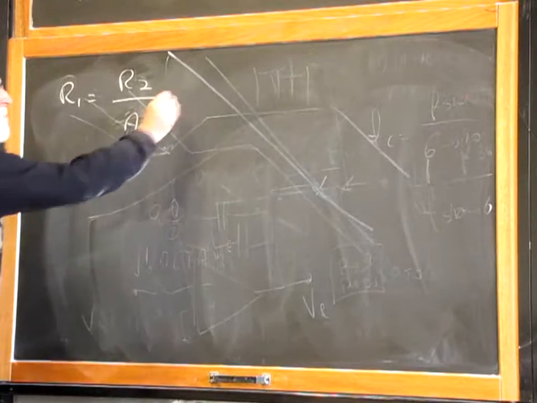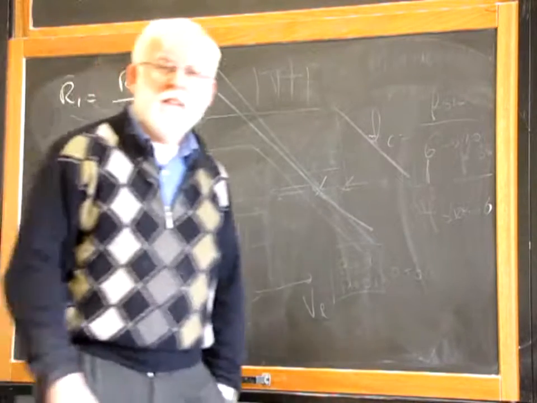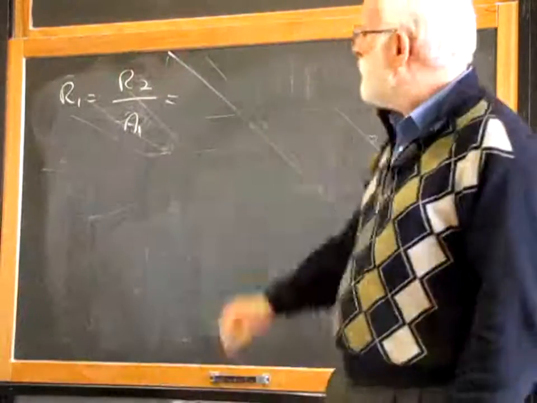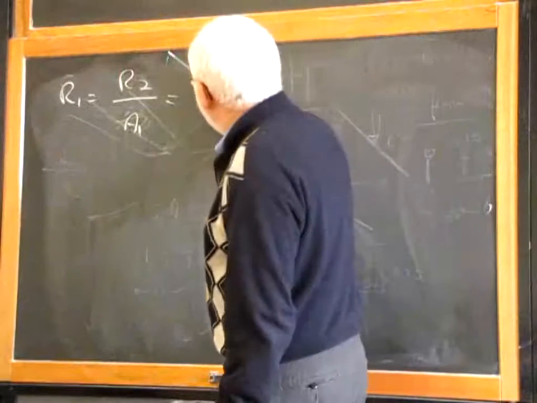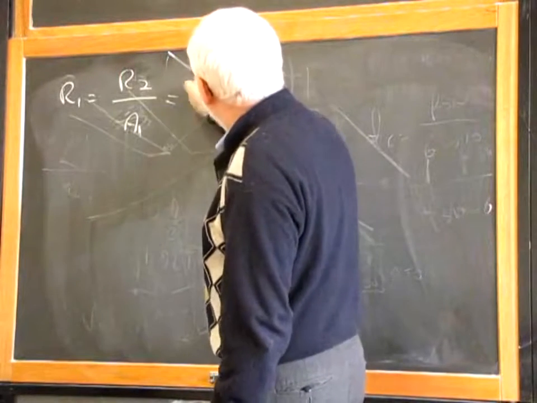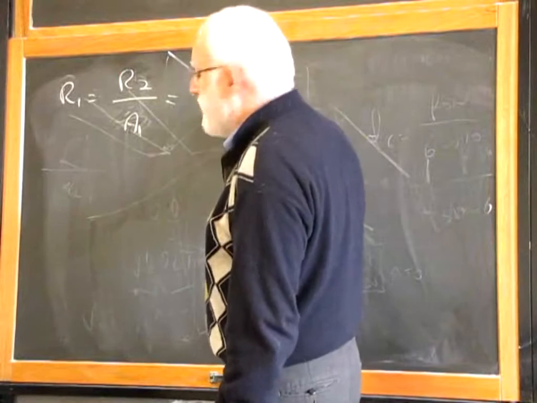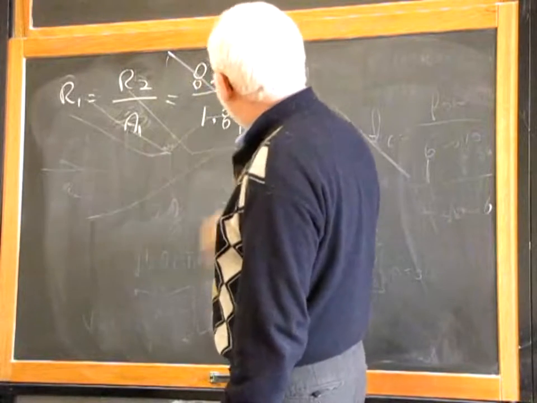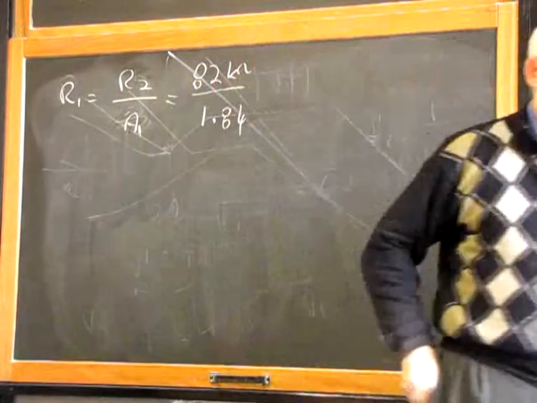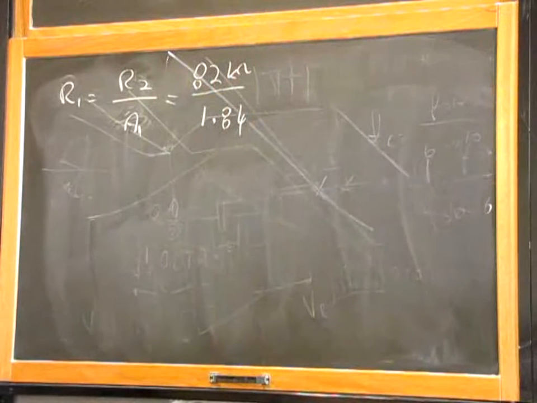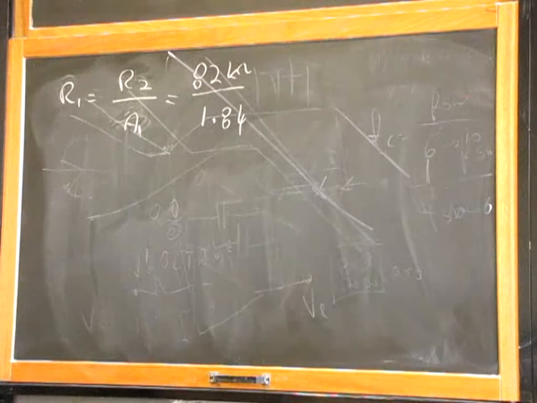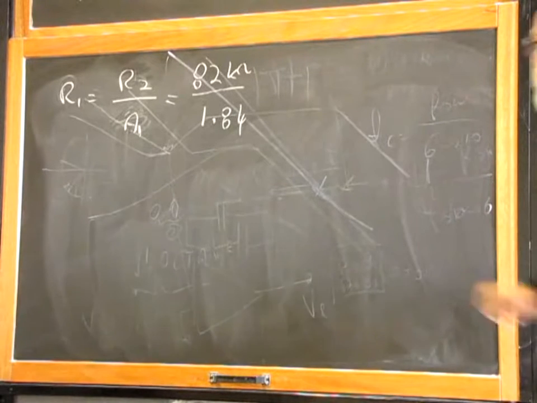R2 is equal to 82 kilo ohms, A1 is 1.84, times... 44 kilo ohms. Okay. 47 kilo ohms. Is it okay? Okay, 47 kilo ohms.